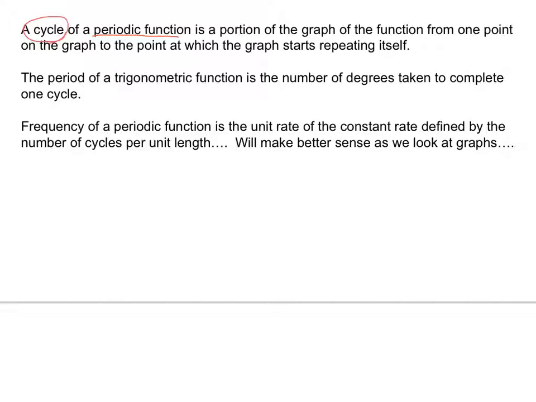And then the period of a trigonometric function is the number of degrees taken to complete one cycle, the number of degrees, either with degrees or in pi. Frequency of a periodic function is the unit rate of the constant rate defined by the number of cycles per unit length. Okay, you're thinking, what? Don't worry, we'll make better sense as we look at graphs and we start doing some problems.